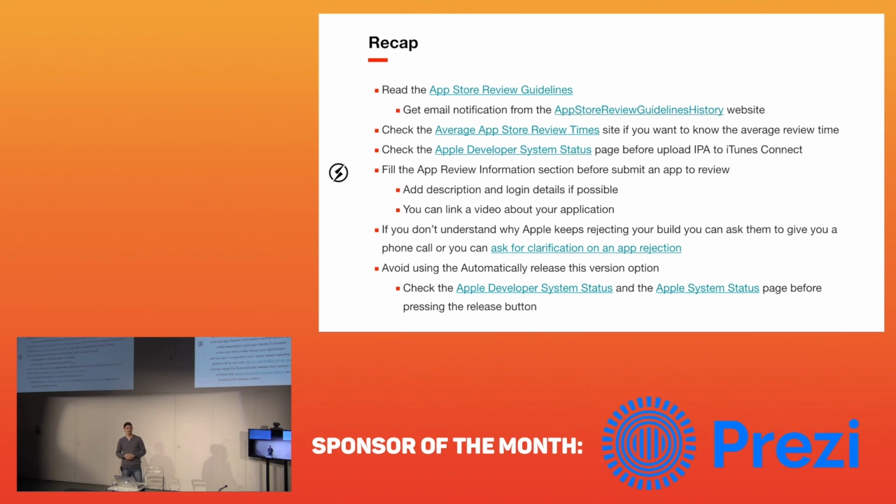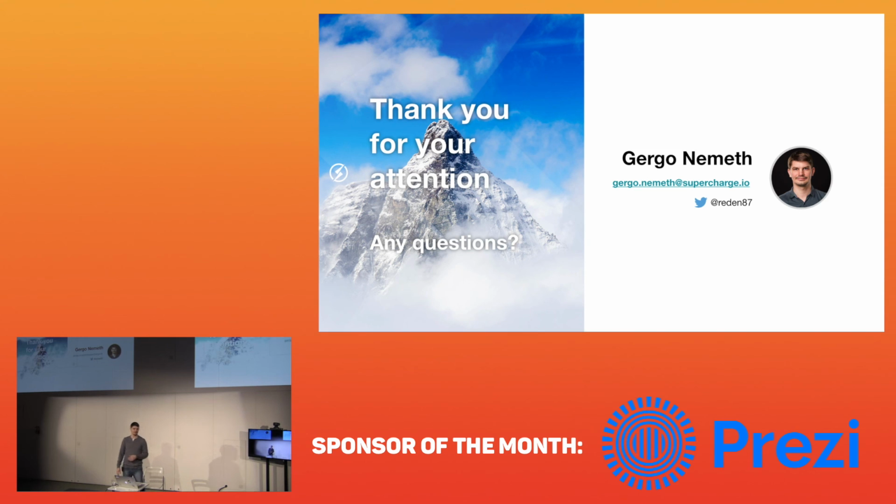And last but not least, avoid using automatic release if it's possible, and always check the developer system status and the normal system status before you press these buttons. I really hope that I told you some useful information, and thank you for your attention. And if you have any questions, feel free to ask.